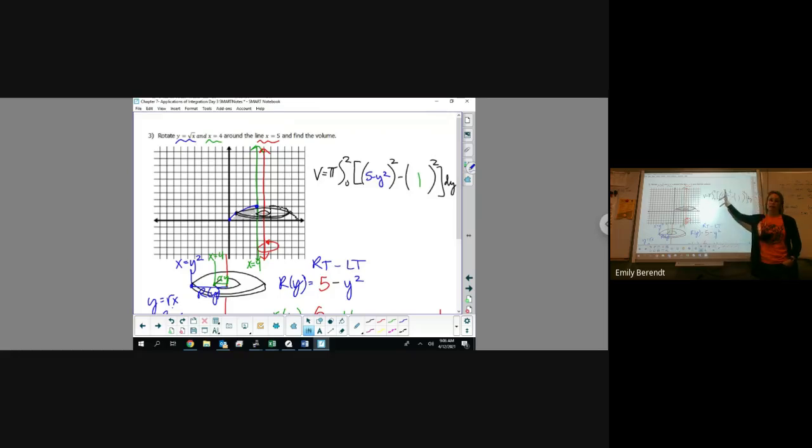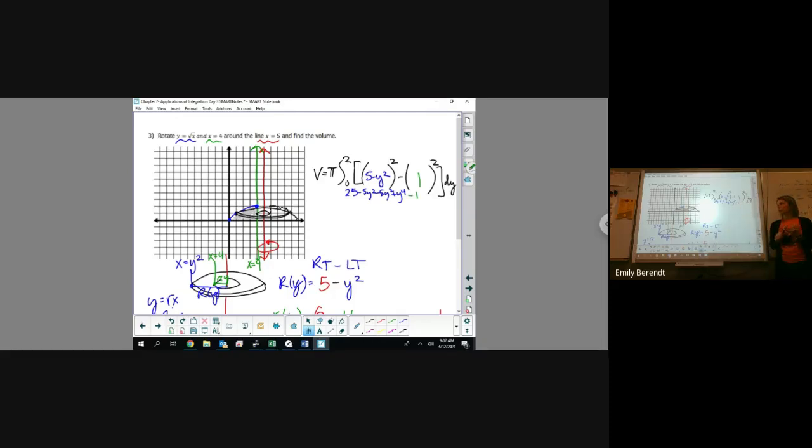So you would have essentially 5 times 5, which is 25. 5 times negative y squared, negative 5y squared. 5 times negative y squared, another negative 5y squared. Negative y squared times negative y squared would be positive y to the 4th. And from the little r of y, 1 squared, which is just 1, and then you have a minus 1.